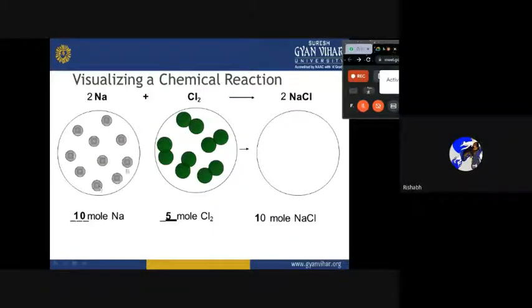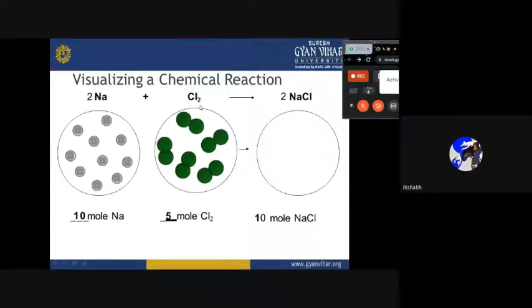So here you see there are 2 moles of sodium, and again there are 2 moles of chlorine atom. But when we're talking about chlorine molecule, then there is 1 mole of chlorine molecule.